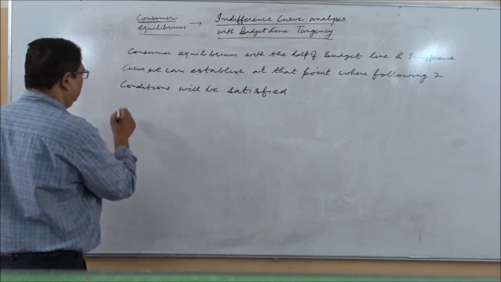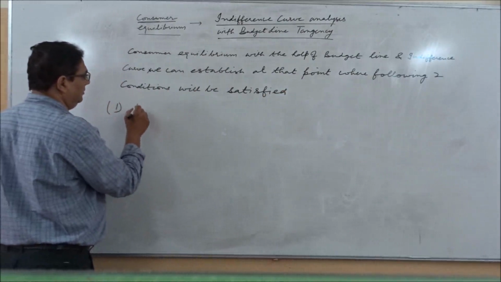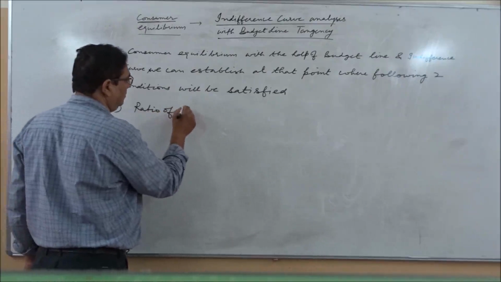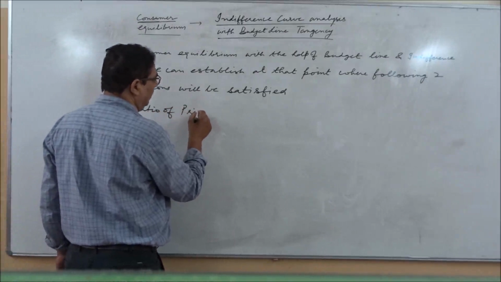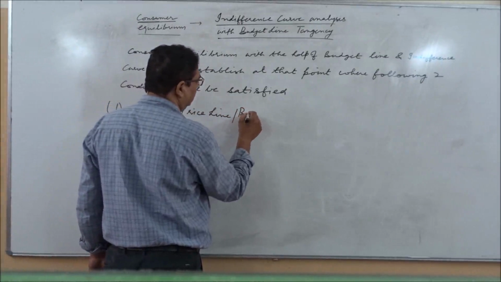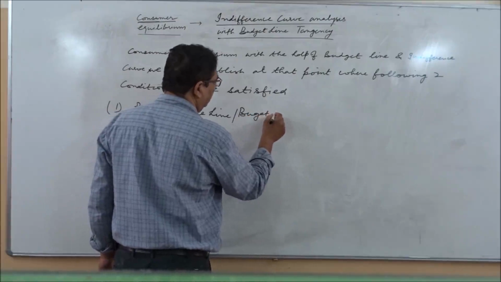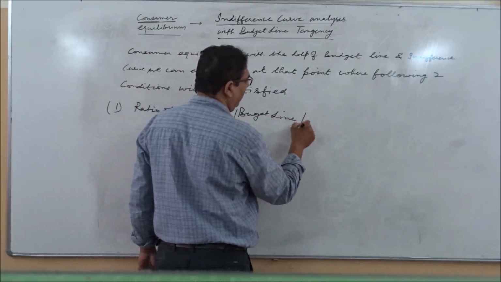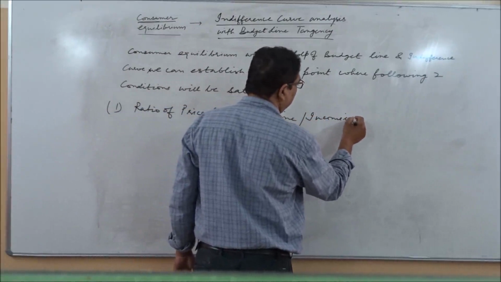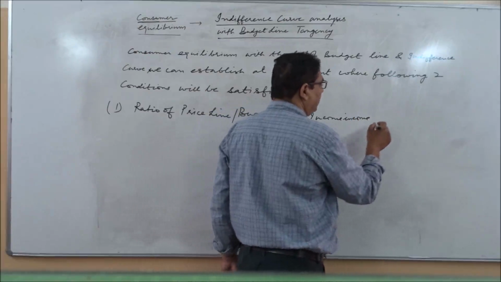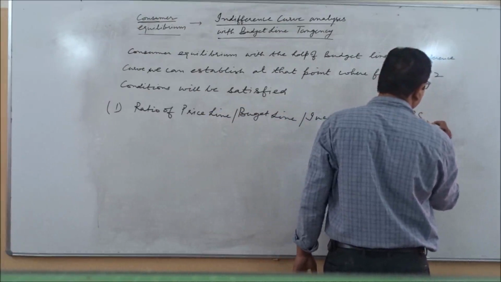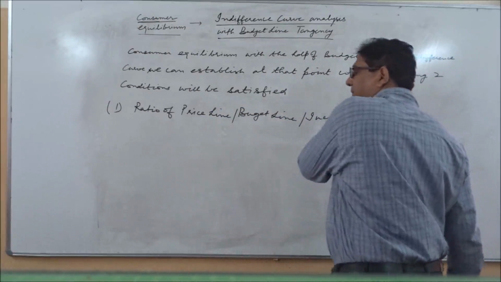First, the ratio of the price line, budget line, income line must be equal to MRS X for Y.